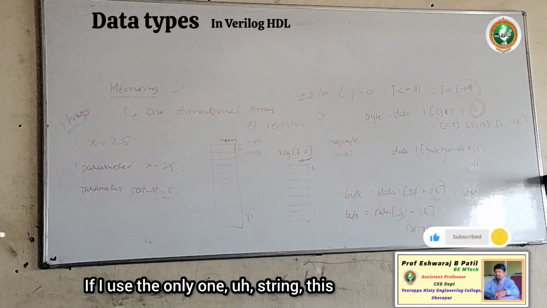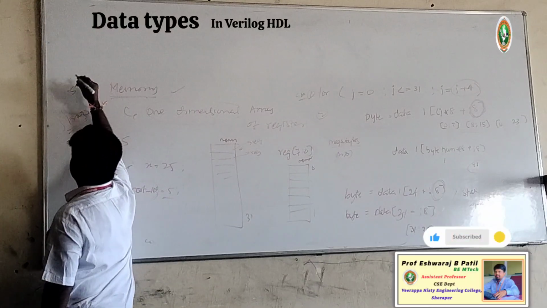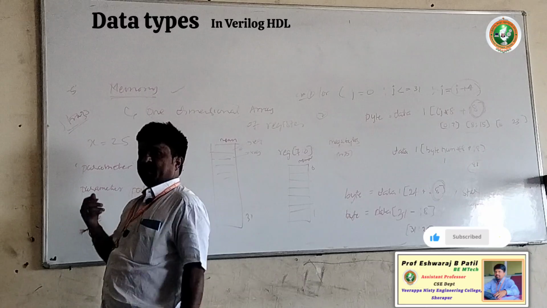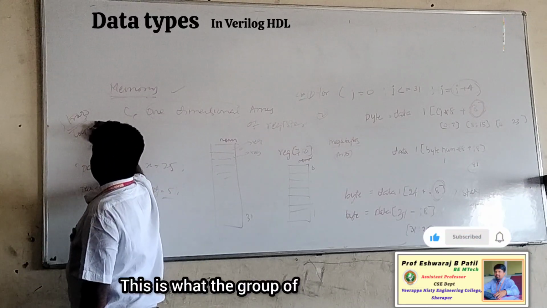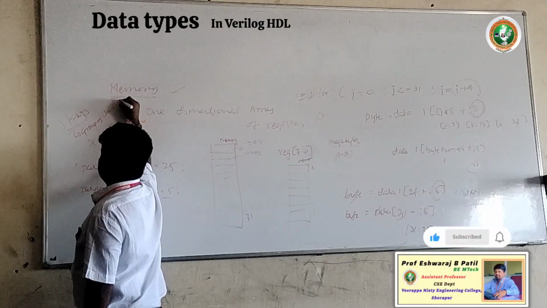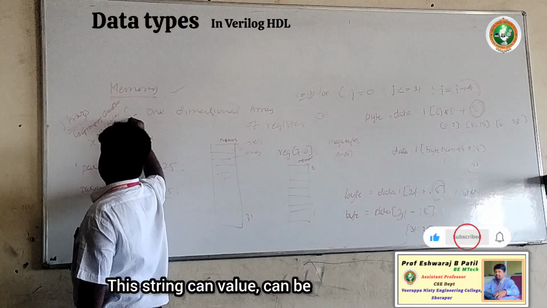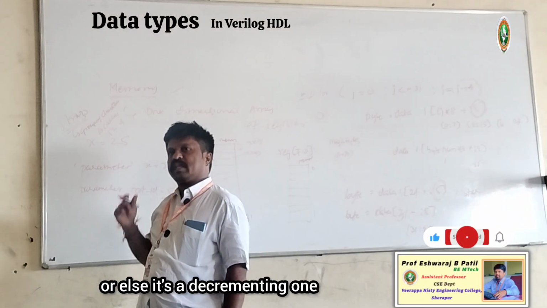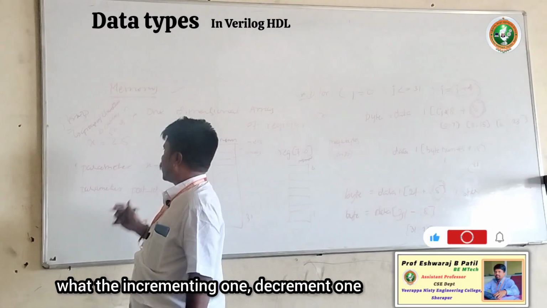If I use only one character, is it a string? No, this is a character. A group of characters is called a string. This string can be either an incrementing one or a decrementing one.